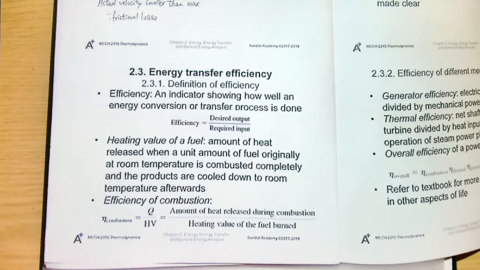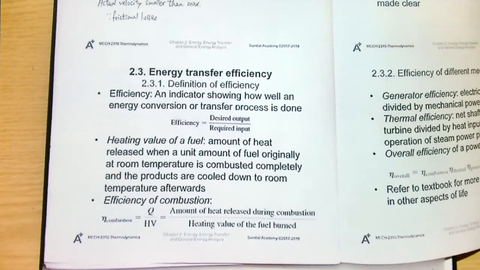It should be the heating value of a fuel. It's defined as the amount of heat released when a unit amount of fuel, originally at room temperature, is combusted completely, and the products are cooled to room temperature.